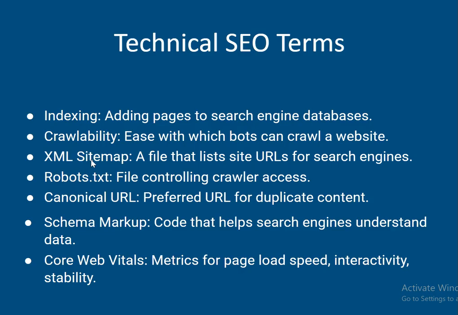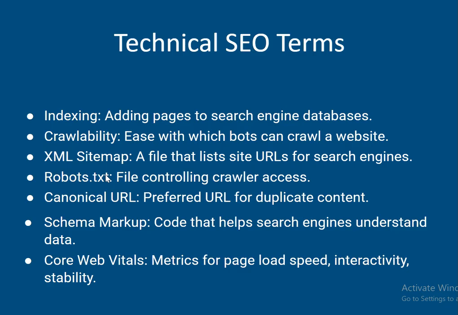The HTML sitemap is for humans, just to understand what web pages are there in our website. This is a special file that lists all the important URLs of our website, helping search engines discover and index our content efficiently. And robots.txt file is another important file.